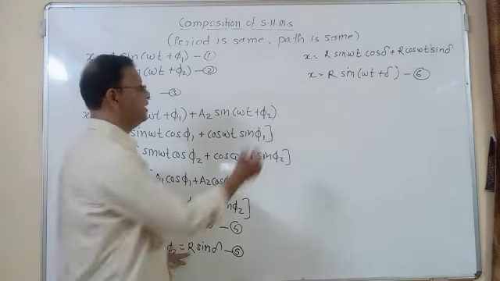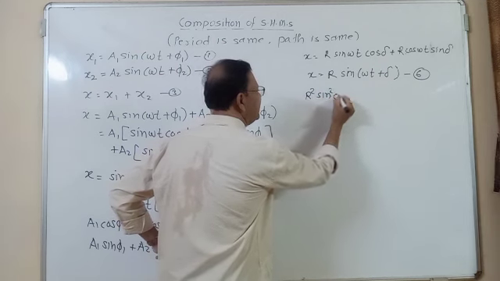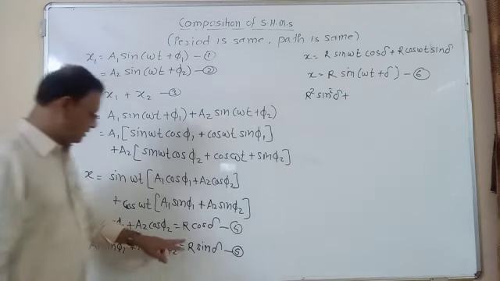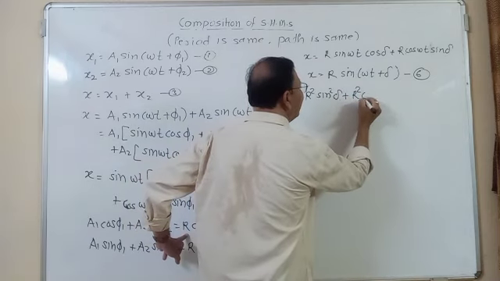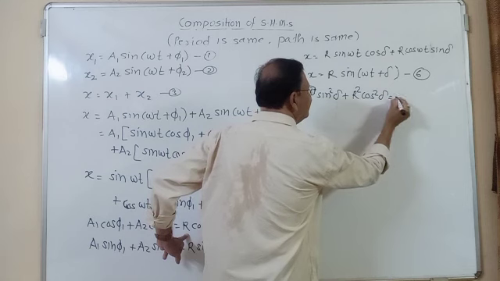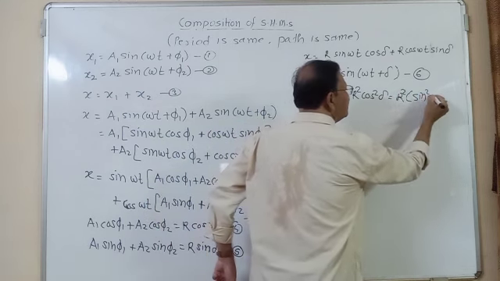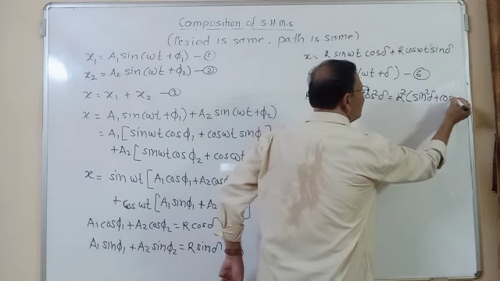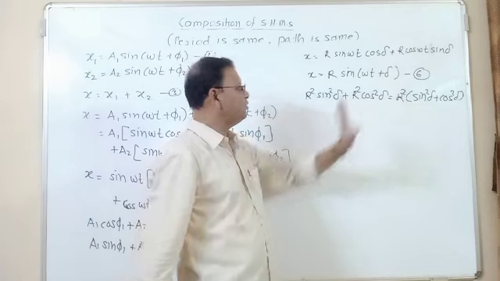R square sin square delta plus R square cos square delta is equal to R square into sin square delta plus cos square delta, and sin square delta plus cos square delta is equal to 1.